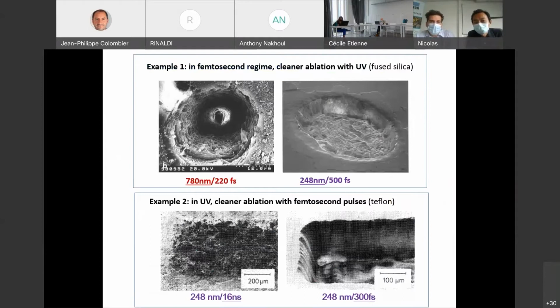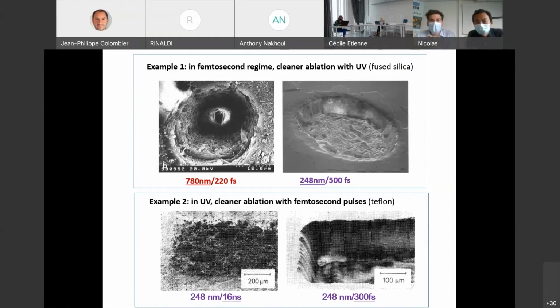As you can see, even if we are in the femtosecond range, we have good quality compared to picosecond and nanosecond drilling. You have the example of a hole, but in the femtosecond range we can have better quality and we master the type of interaction in the material more closely when we go for UV.